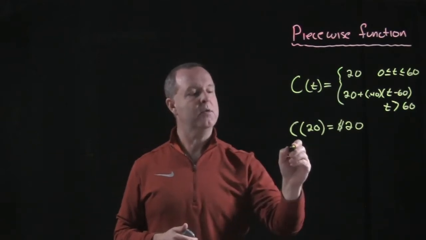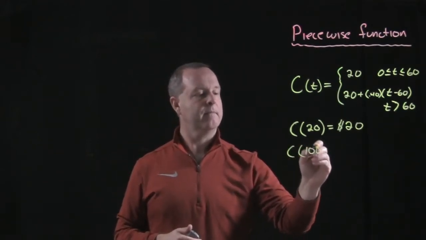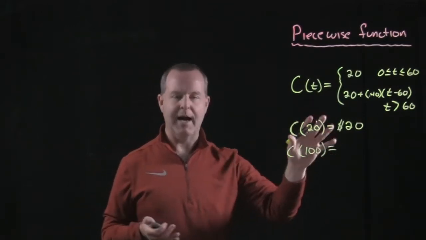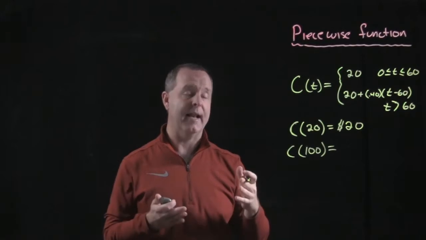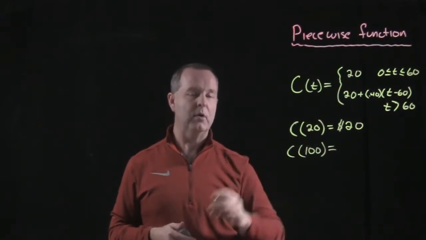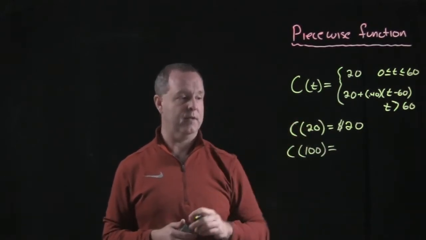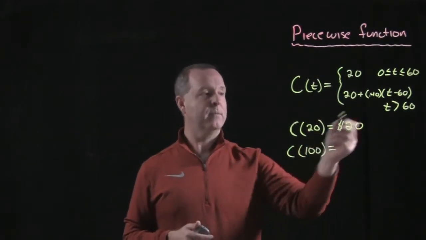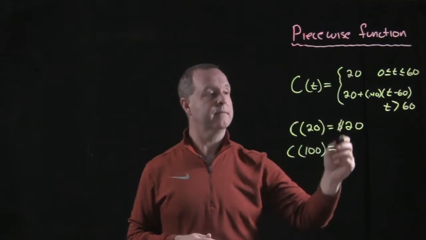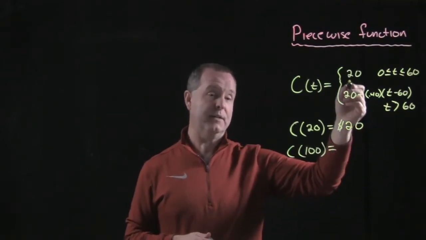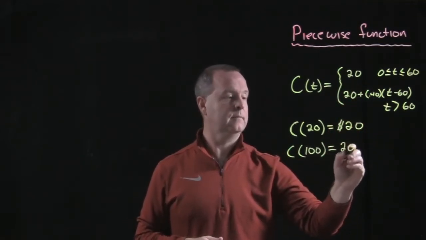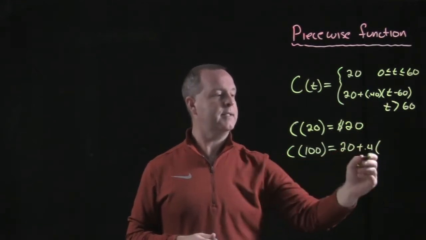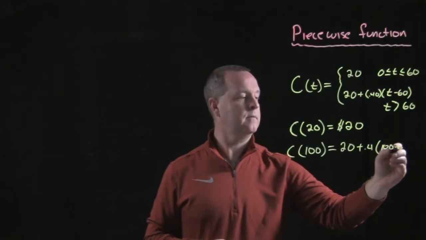Well, what if my usage goes up to 100? Again, is it minutes or hours? Not sure, but it doesn't matter. What matters is that it's an even increment, that I'm looking at 100 in this particular case for this model. So what's the cost going to be at that time frame? Well, since t is greater than 60, I'll use the second part of this function. 100 minus 60, I'll just put that in there.